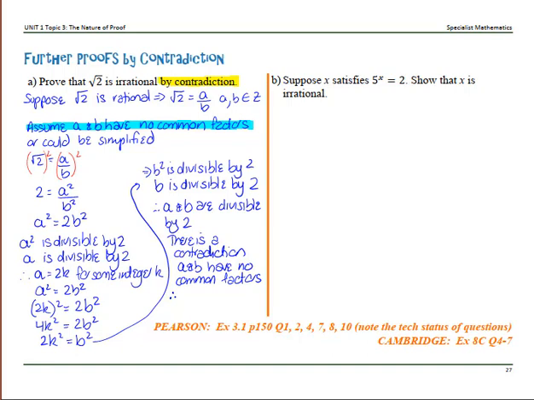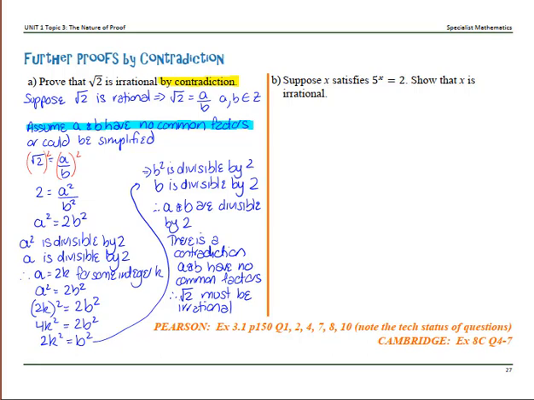So therefore, square root of 2 must be irrational, because it's not rational, which we proved by contradiction. By proving that it's not rational, it can't be expressed as a ratio of two integers. That means it has to be irrational.